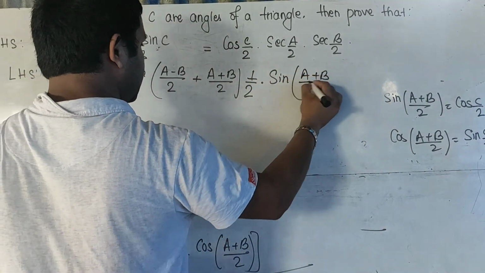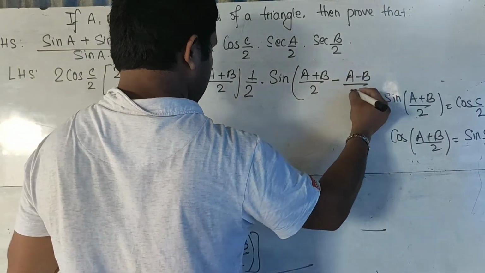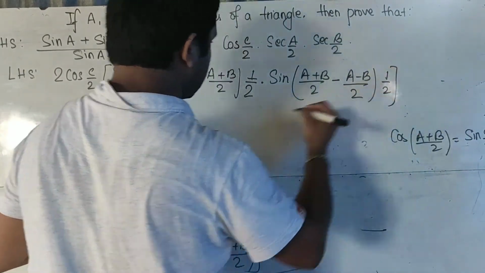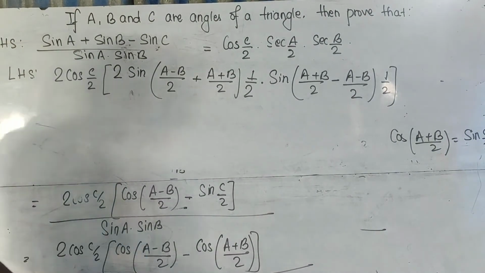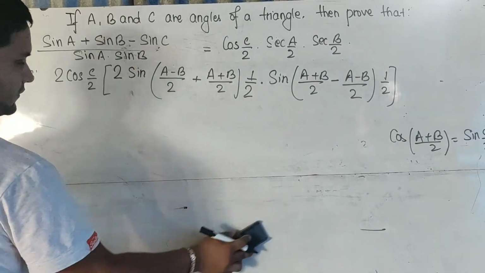We apply the formula of cos C minus cos D here, and you have sin A dot sin B the same in the denominator.